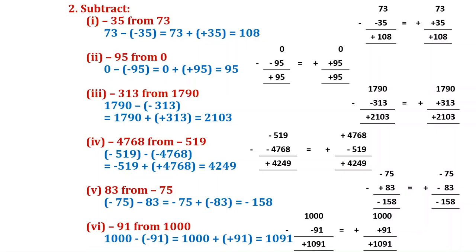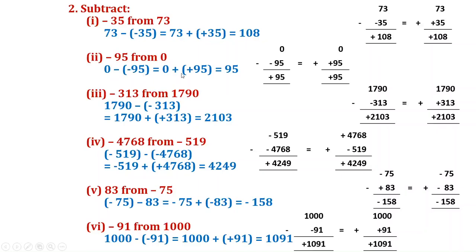So now you are subtracting minus 95 from 0. First you have to convert the subtraction as addition by changing the minus sign to plus here, and convert the minus 95 to its additive inverse, plus 95.